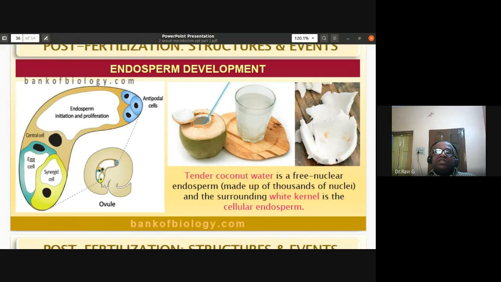So the water is free nuclear endosperm, and the white kernel, the coconut meat, is called the cellular endosperm.